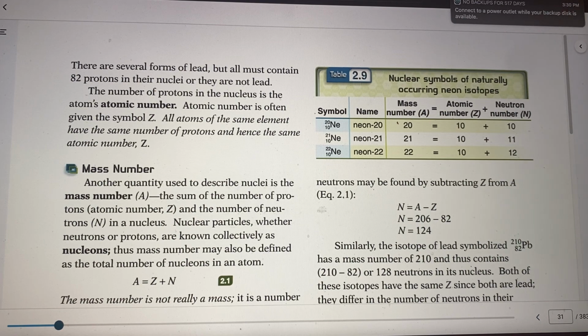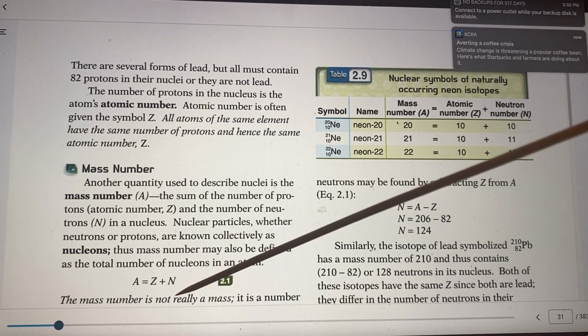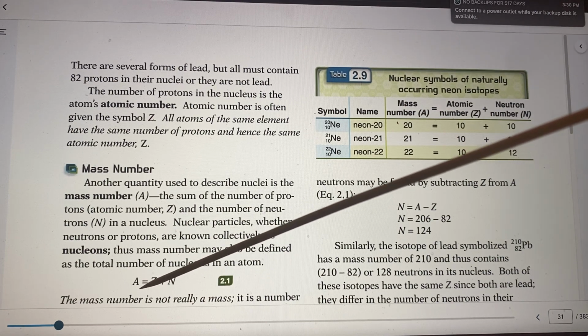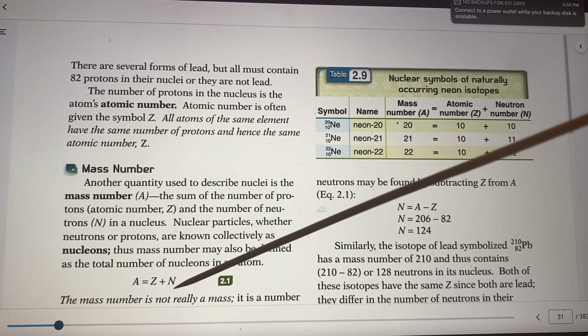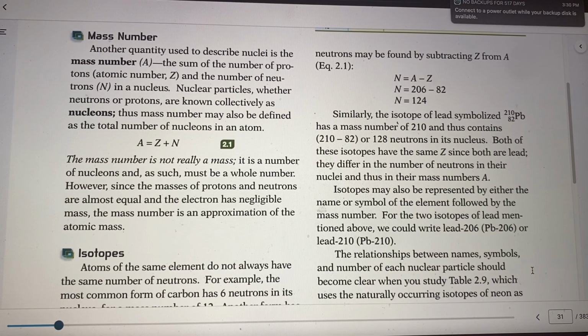So that's A, meaning not the atomic number. That's kind of confusing, why they did that. But Z is protons and N is neutrons. So the mass number equals protons plus neutrons. Now, the mass number is not really the atomic mass, because electrons do have mass, but their mass is pretty negligible.